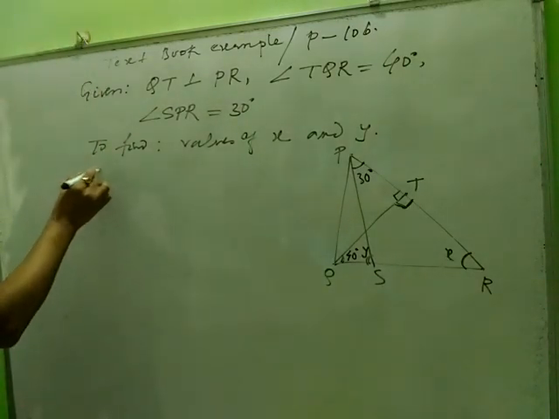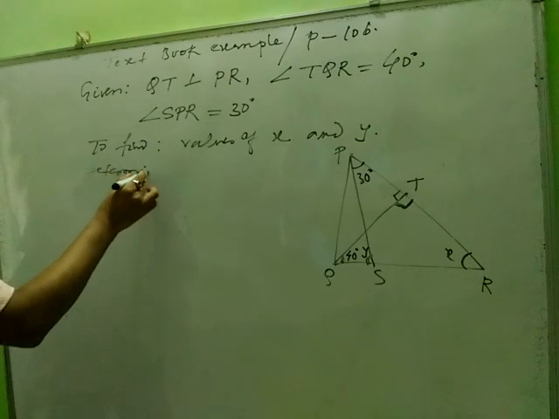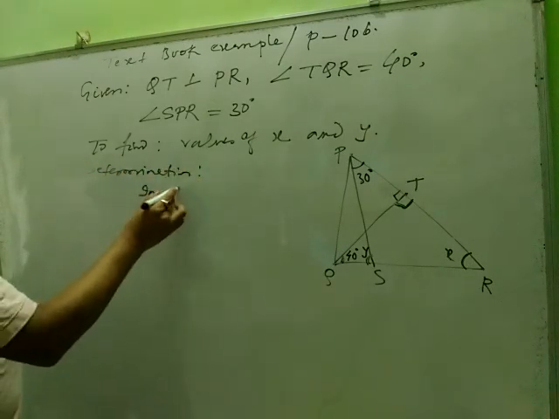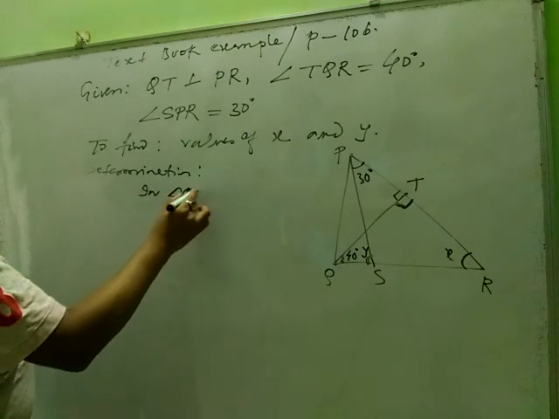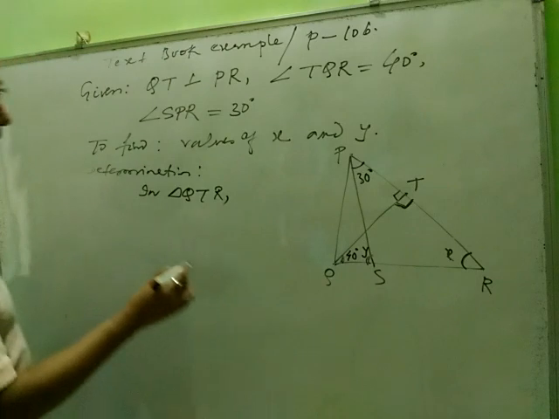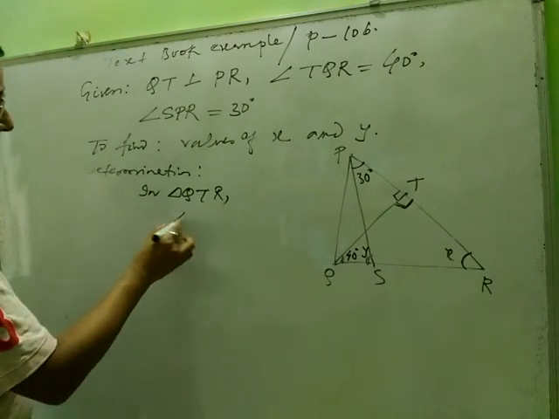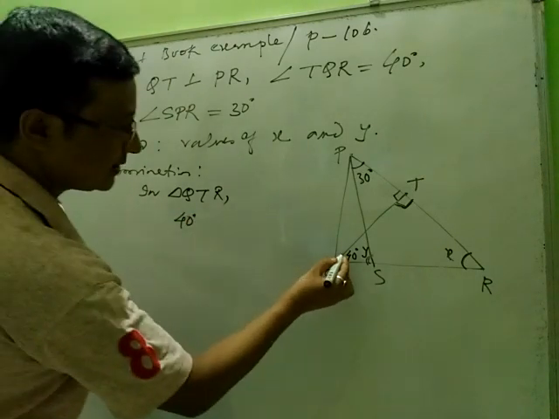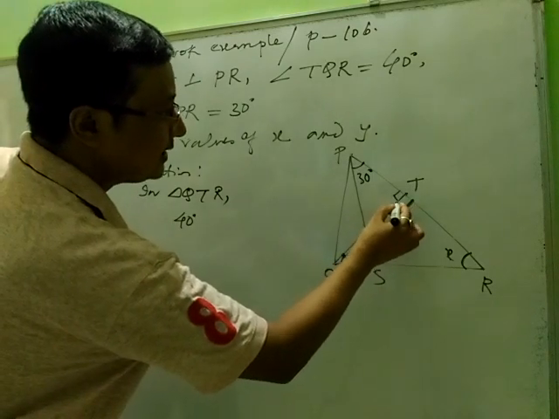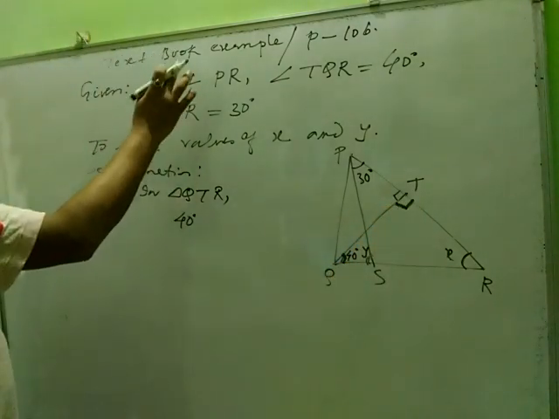So here, in triangle QTR, this is the triangle. This angle is given as 40 degrees, plus here it is given 90, since QT is perpendicular.